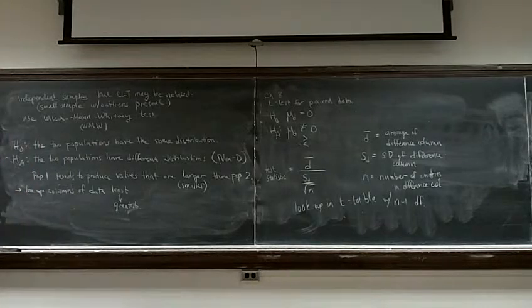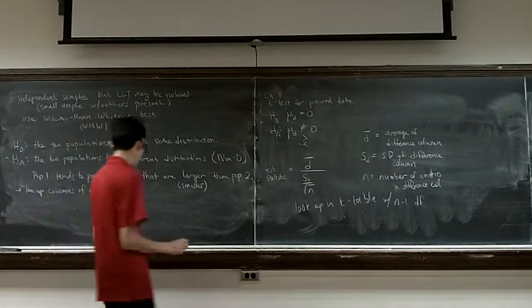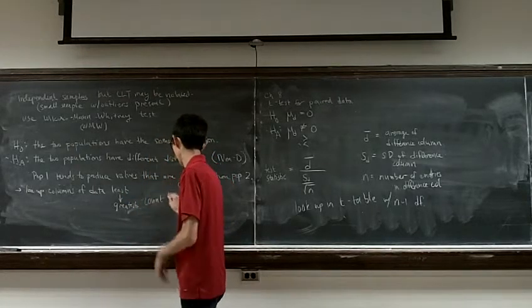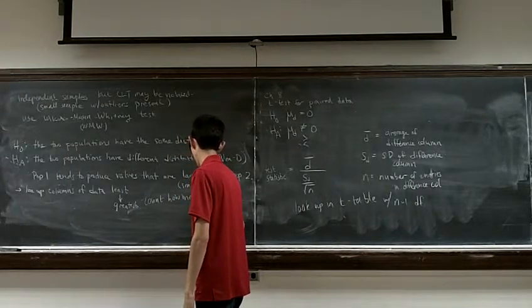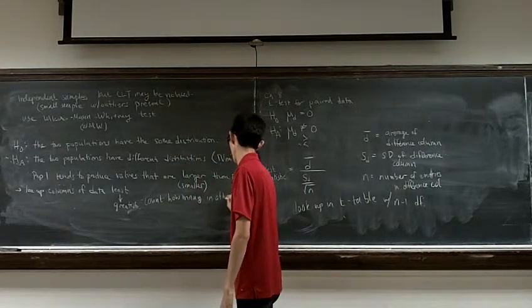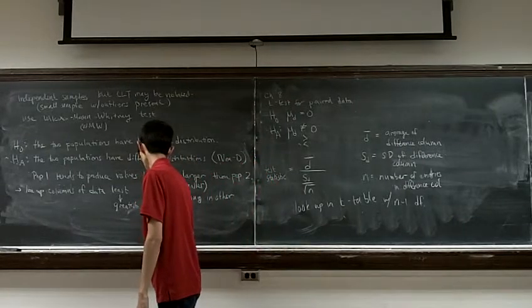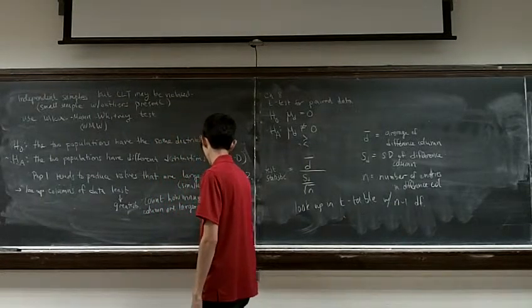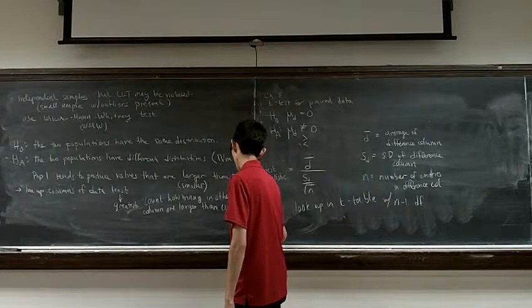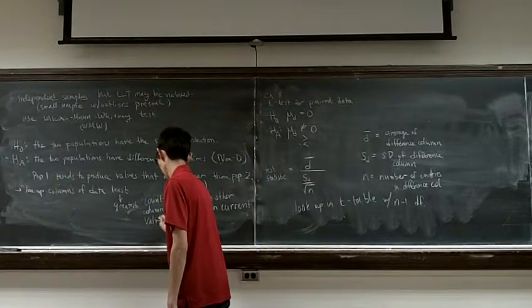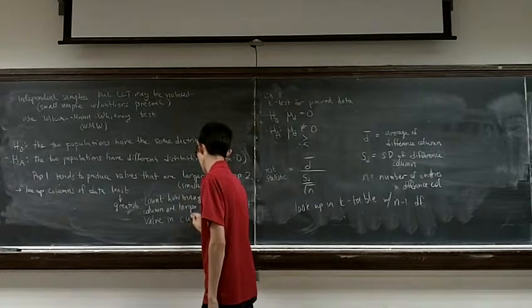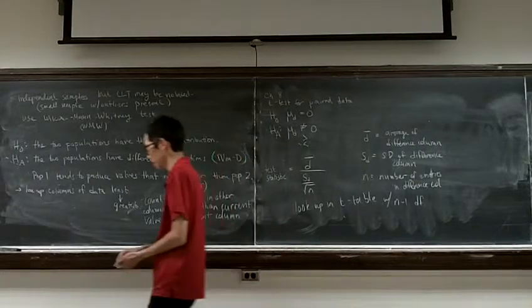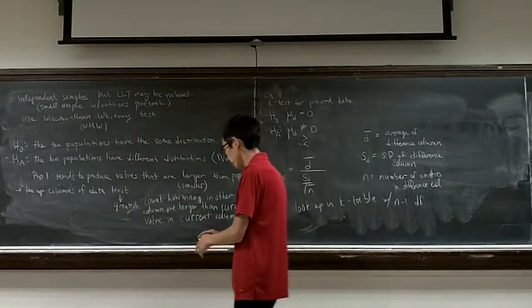And then count how many in the other column are larger than the current value in this column. Ties are worth 1/2.